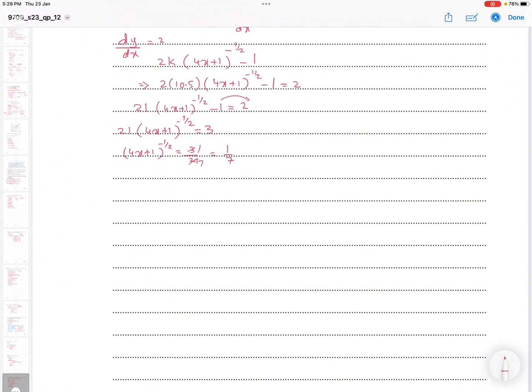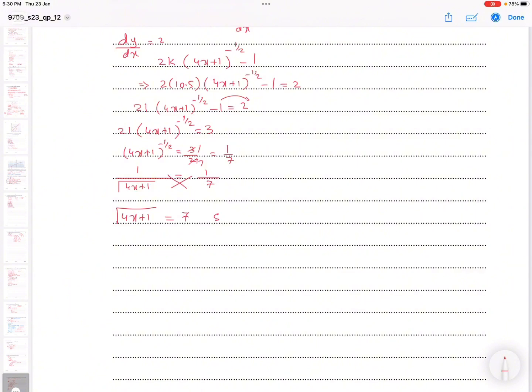And now I can write it like that: 1 over the square root of 4x plus 1 is equal to 1 by 7. So cross multiply, it will become the square root of 4x plus 1 is equal to 7.